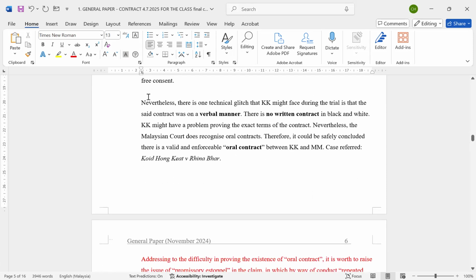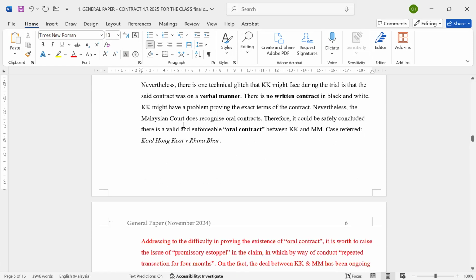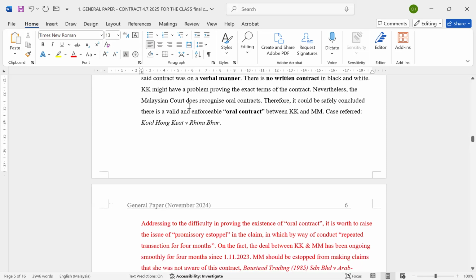So, nevertheless, you don't think that, let's say, for example, the contract is formed at this moment, then everything will go smoothly. No, there is one technical glitch that you need to advise KK because the contract is entirely just through the air. There is no written contract in black and white. So, how do you prove?